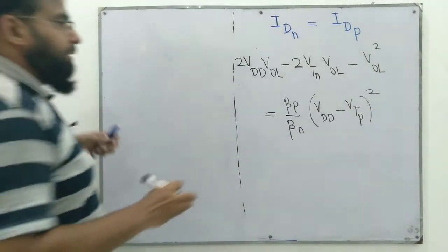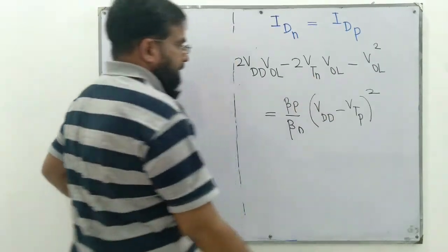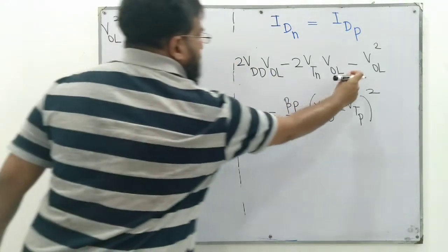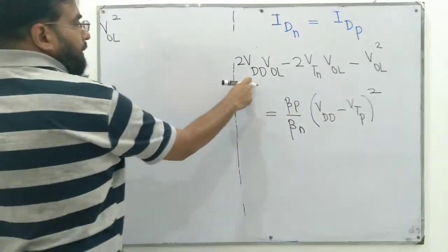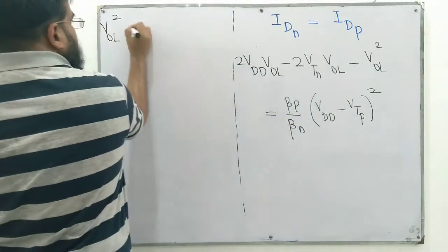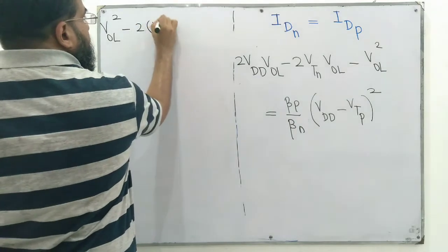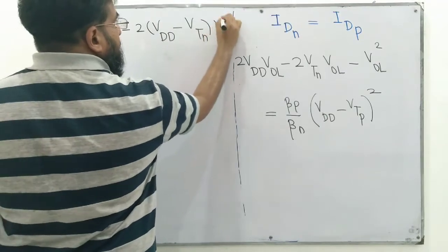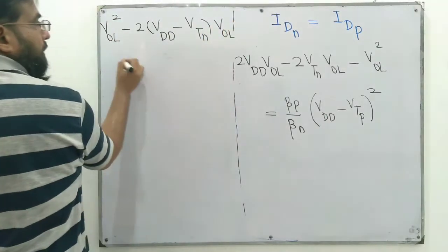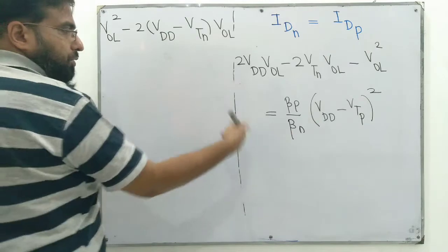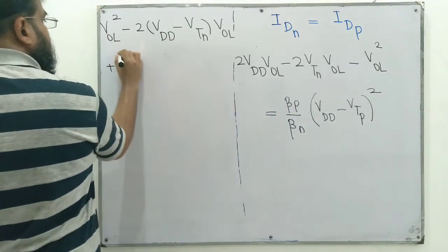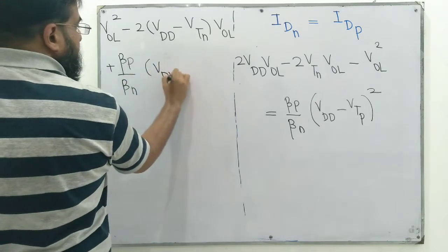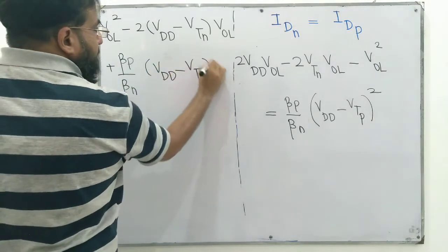If we take everything on the right hand side, this becomes VOL squared, positive, this becomes negative, minus 2 (VDD minus VTN) VOL, and this remains positive, plus beta P over beta N times (VDD minus VTP) squared.